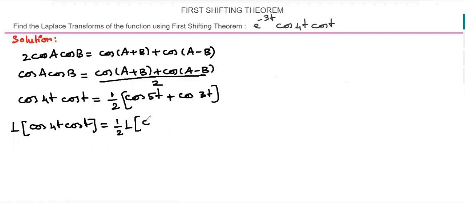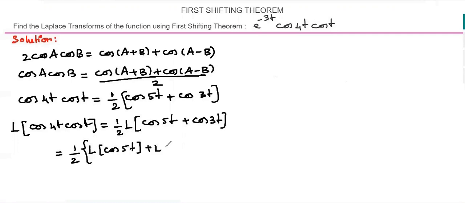So L of cos 5t plus cos 3t. Here you can just take the Laplace inside the bracket. It is L of cos 5t plus L of cos 3t.